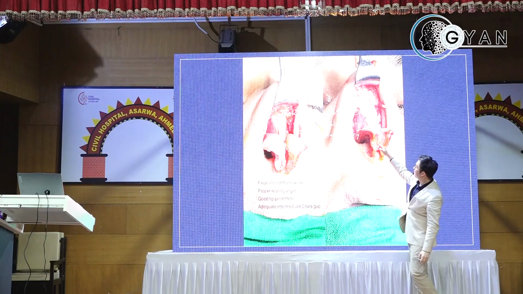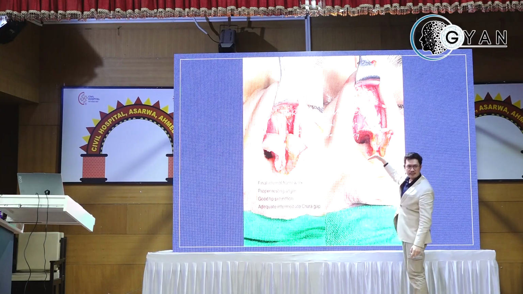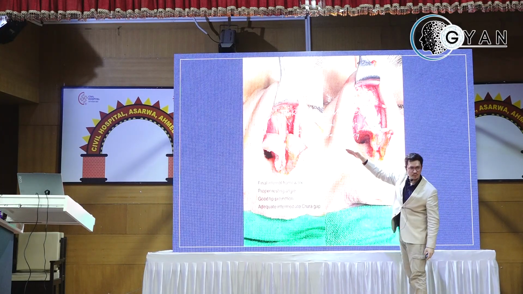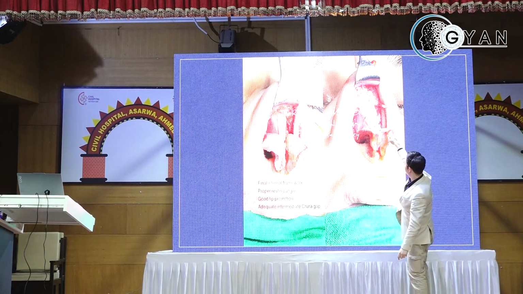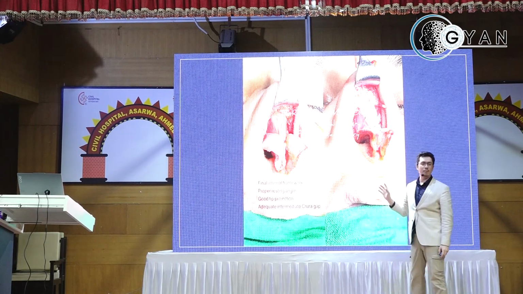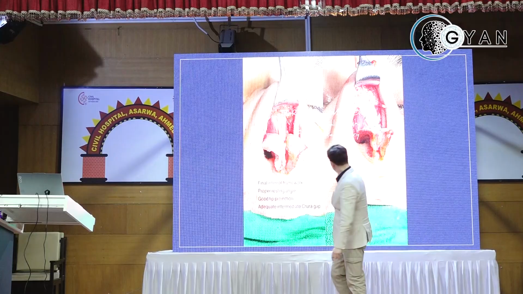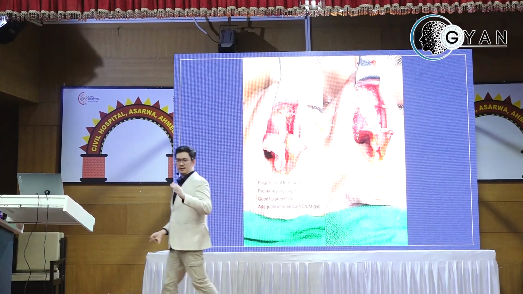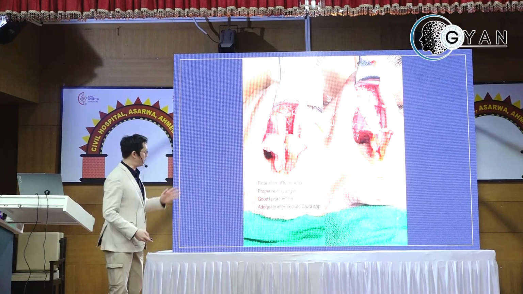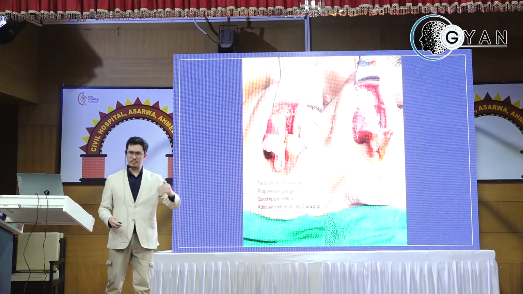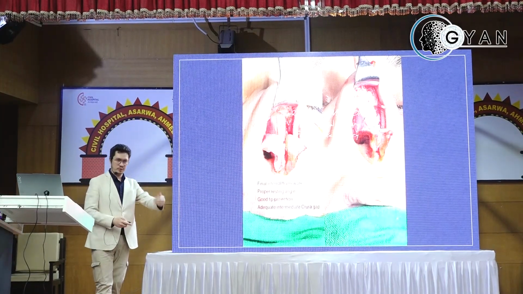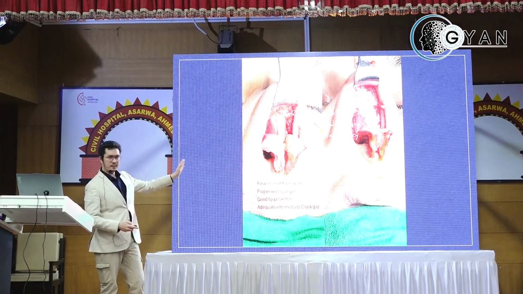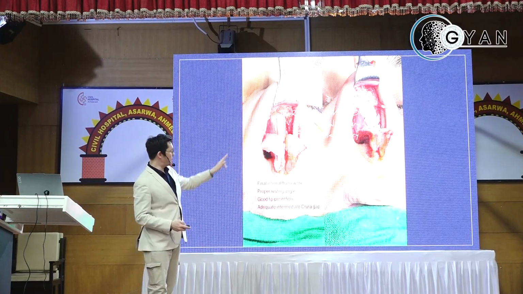So you see here, I've brought the lateral crura anteriorly so that it removes the bulk from the nasal bridge. I've got the tip up. I've maintained a good open angle at the intermediate crura. I've supported the nasal cartilages so that it gives you a much better projection. So it all depends on how you are planning. You want an upturned nose, you want a straight nose. It depends on the angle where you're going to put your intermediate crura.